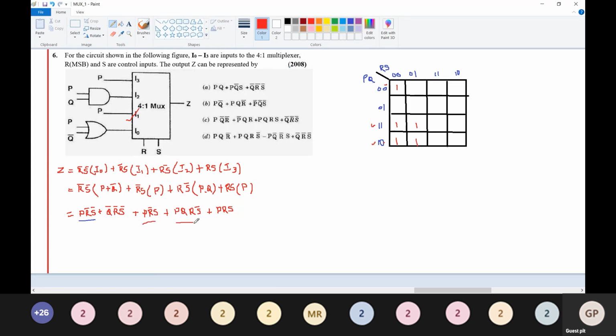Now next P Q R S dash. PQ is nothing but this row, R into S dash, so that means only one single. Fine. So next P R S. P is these two rows, R S is this column.